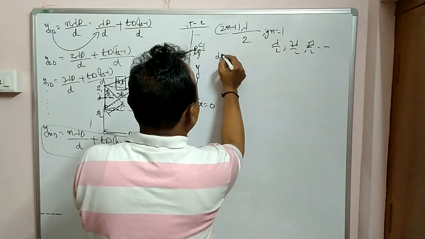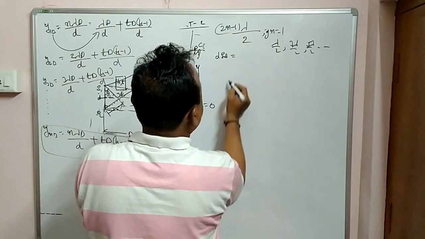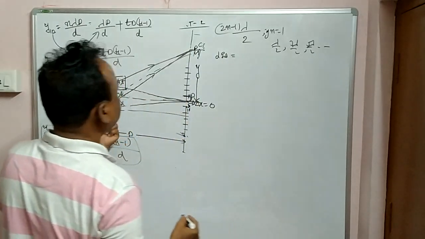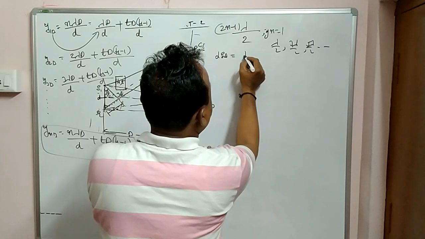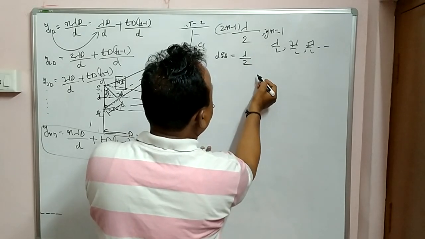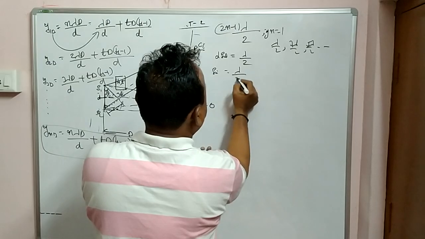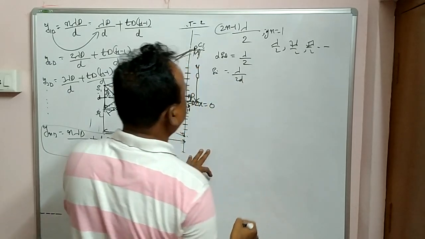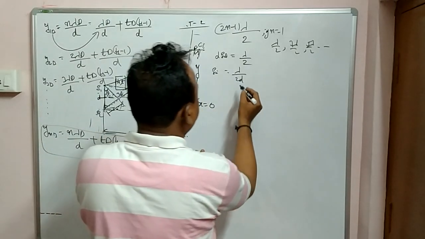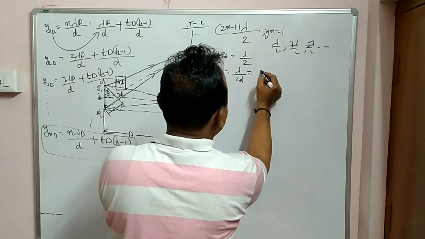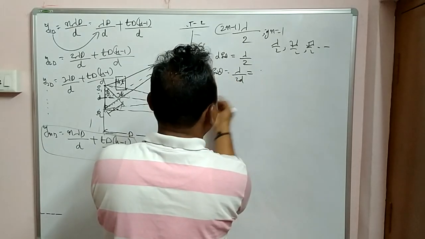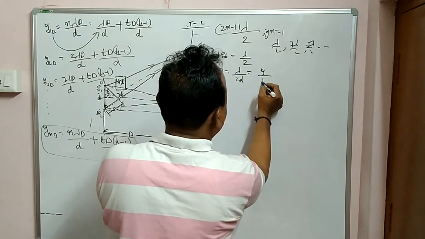d sin theta is equal to what? Lambda by 2 path difference కదా అంటే ఎంత అవుతుంది? sin theta is lambda by 2d. ఓకేనా? So lambda by 2d is equal to what? Your sin theta కదా. Now what is tan theta? Again equal to y by d.